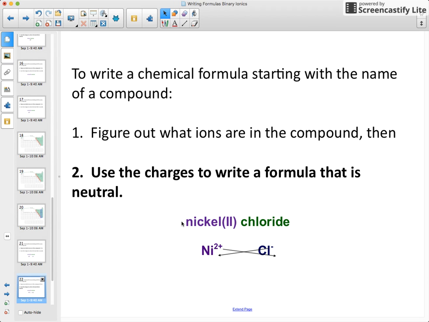We can do that using our crisscross method, and we can figure out that we need 2 chloride ions for every 1 nickel(II) ion. And so the compound nickel(II) chloride has the formula NiCl2. We figured out what the ions were. We put them together in a way that gave us a neutral compound.